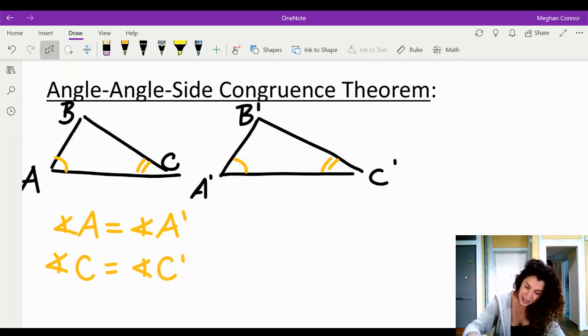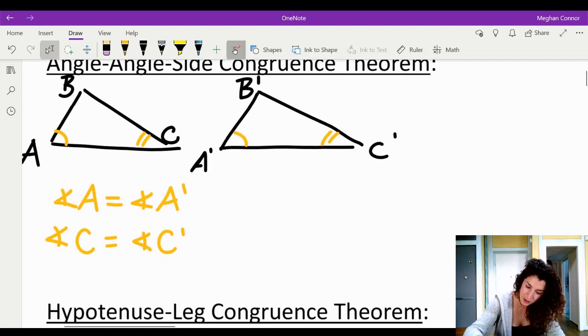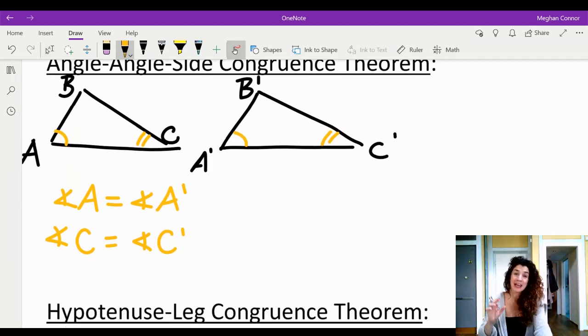And then in order for it to be angle, angle, side, it has to be either AB and A prime, B prime, or BC and B prime, C prime. It cannot be AC. If it was AC, it would be angle, side, angle. So I'm going to just choose one of them and say, let's do BC and B prime, C prime.